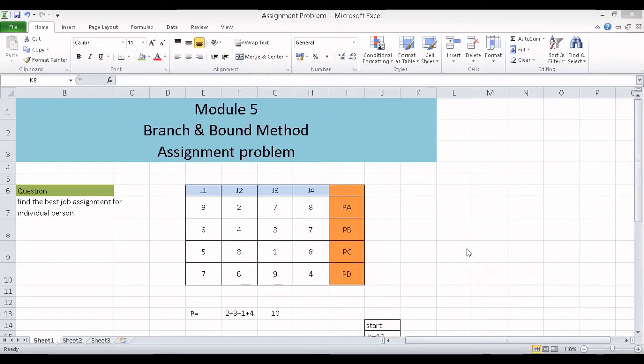Even here we are going to find out all possible solutions, but in a breadth first search method.